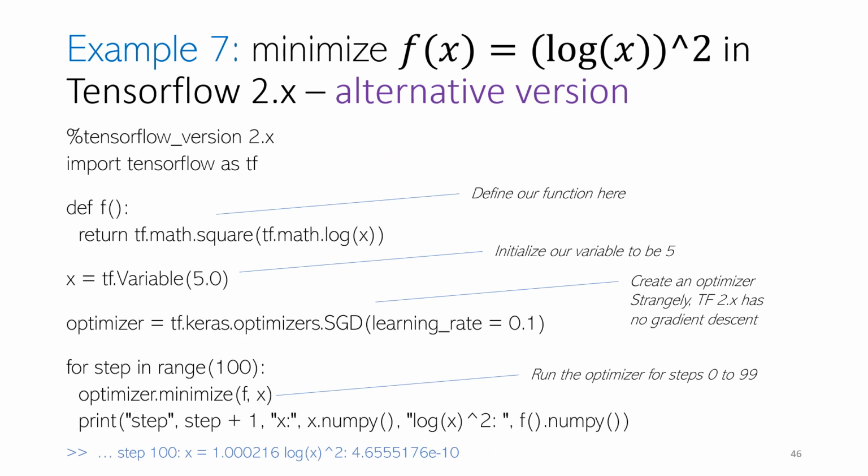Like the example in TensorFlow 1, you don't have to implement SGD by yourself. You can use tf.keras.optimizers.SGD. And if you call the minimize method of this optimizer, it will automatically take the gradient and apply one step of gradient descent for you.